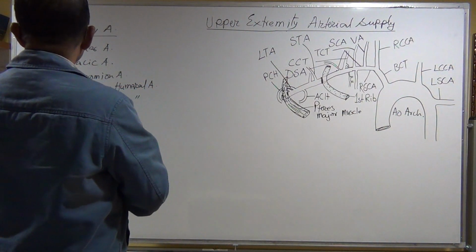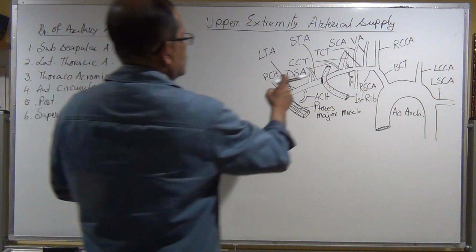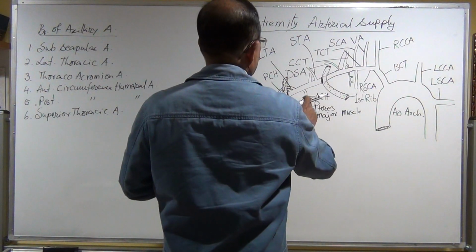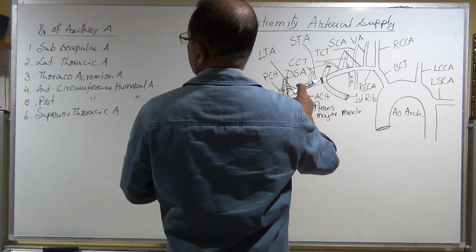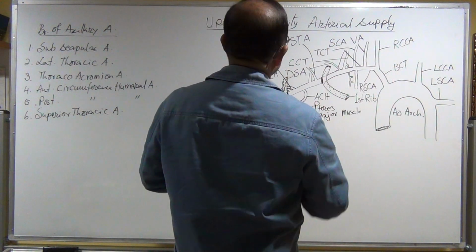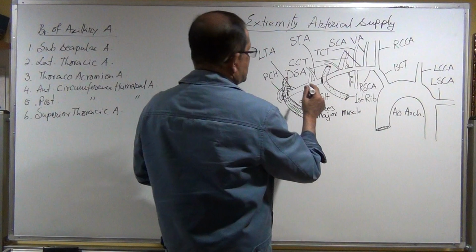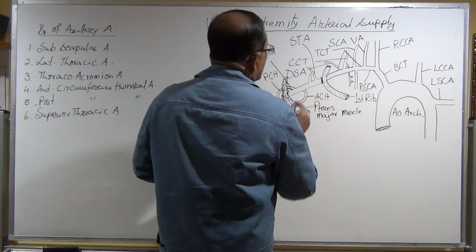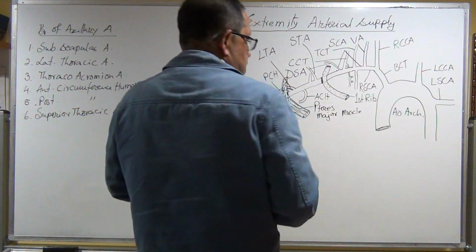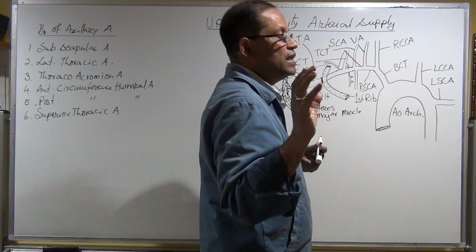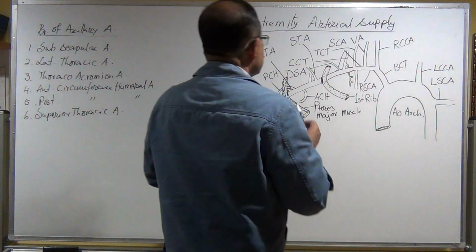So 1, 2, 3, 4, 5: superior thoracic, lateral thoracic, thoracoacromial, posterior circumflex, and subscapularis. The subscapularis goes under the scapula. The subscapular muscle gets supplied by the subscapularis.